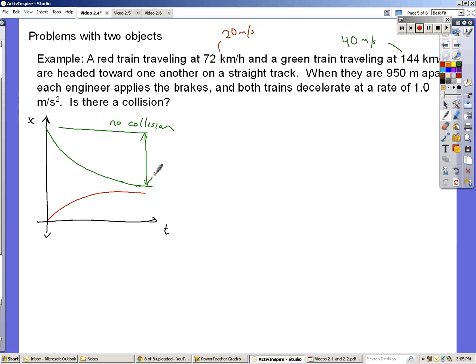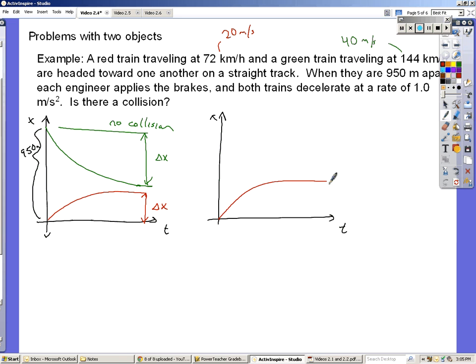The distance traveled by the green train and the distance traveled by the red train do not together equal 950 meters.